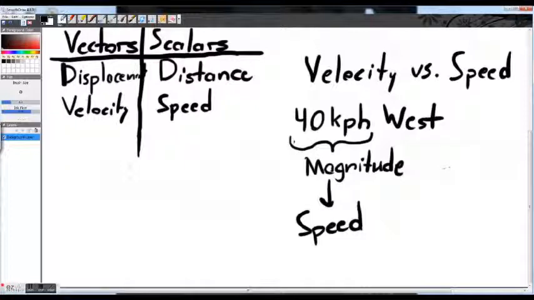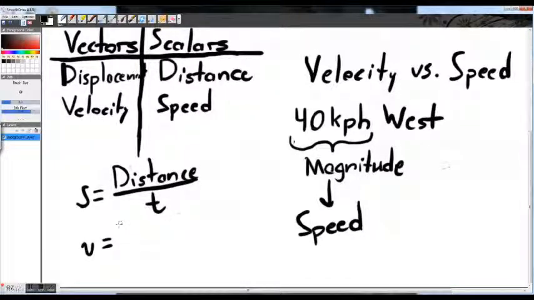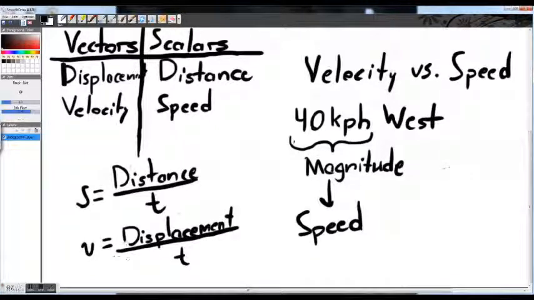So when we calculate speed, the difference between when we calculate speed and when we calculate velocity is that speed is going to be distance over time, whereas velocity is displacement over time. And our velocity is going to be our displacement.